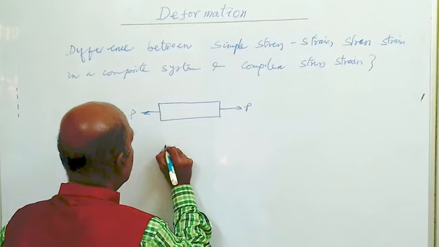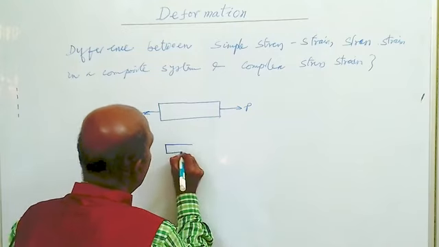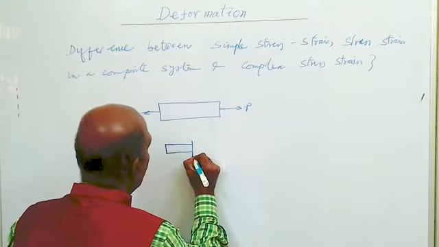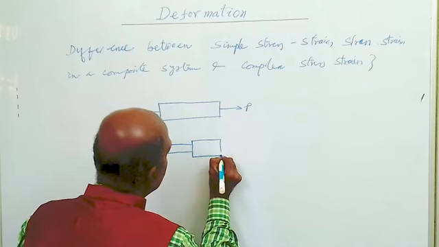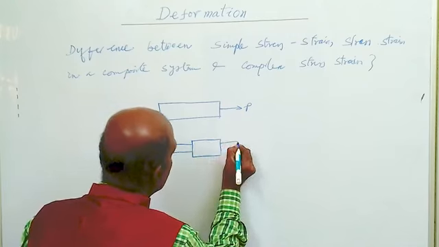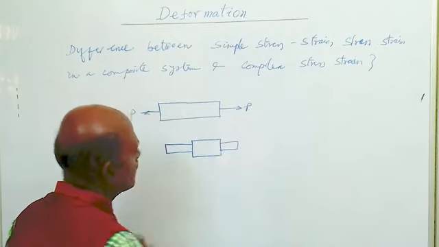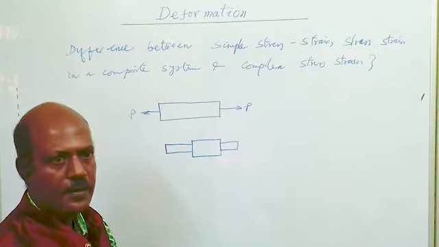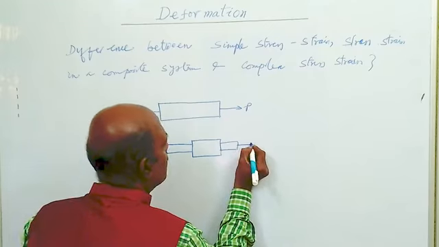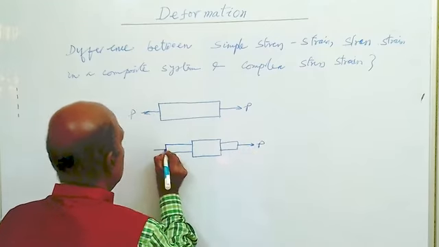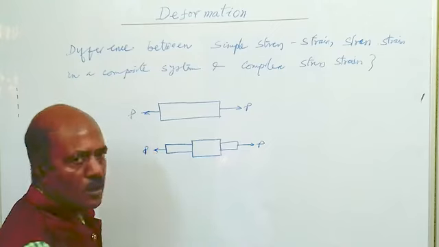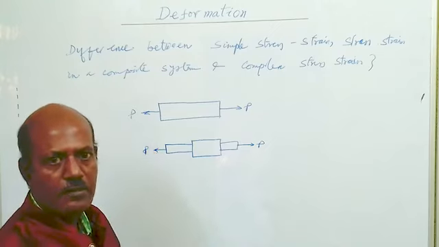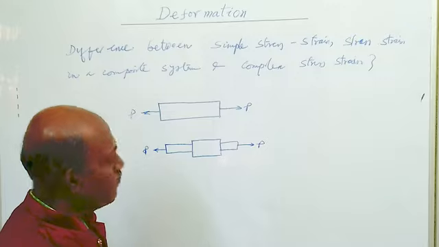Similarly, we have also seen a variable cross section bar. In this, the load applied is P. Here also the stress or strain developed is a simple stress strain.